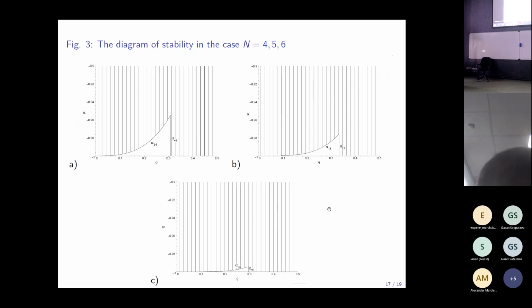And the diagram of stability in the cases n equals 4, 5, and 6: A for n equals 4, B for 5, and C for 6.